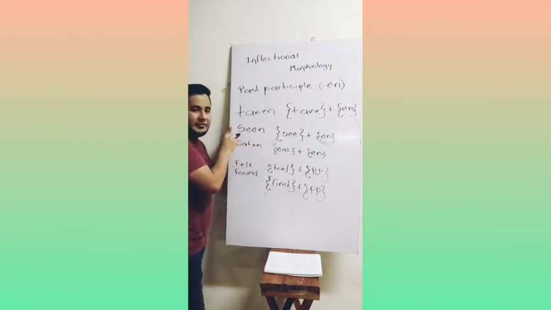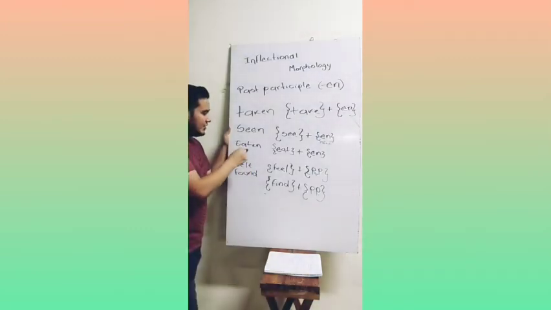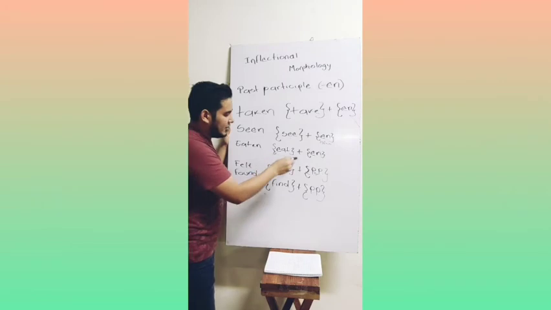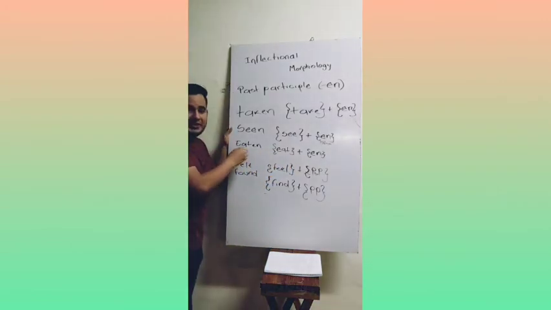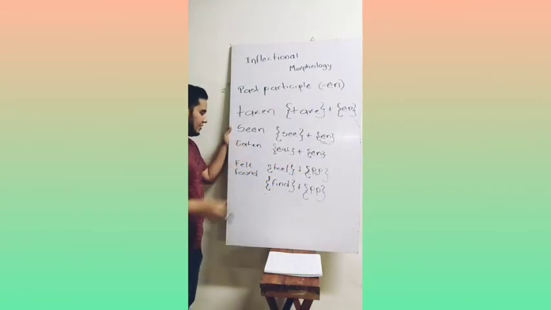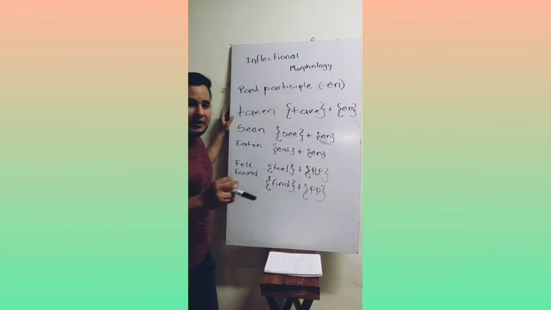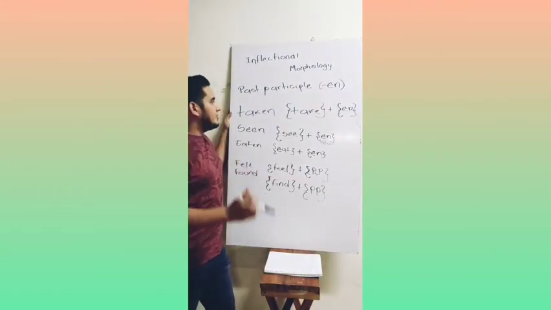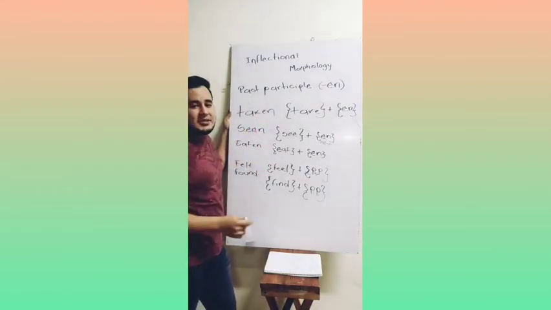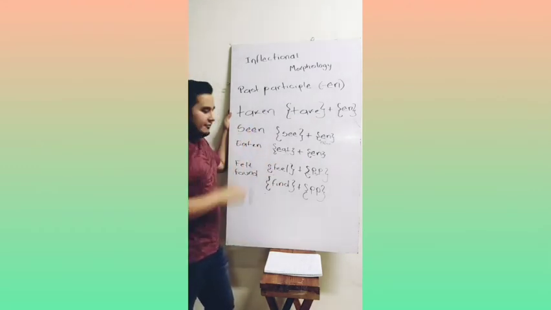We have the verb in past participle, and also eaten, that is eat plus en. These verbs are inflected because they remain verbs, but they are in the past participle. So we are changing the tense, so that's why they are inflected.